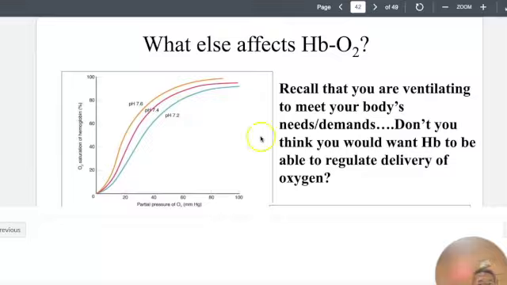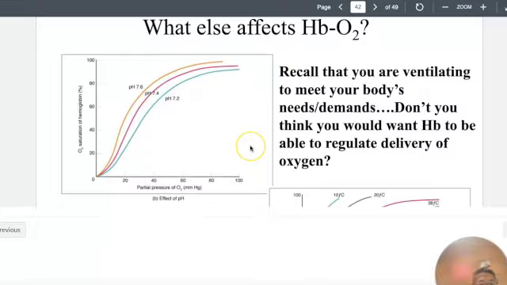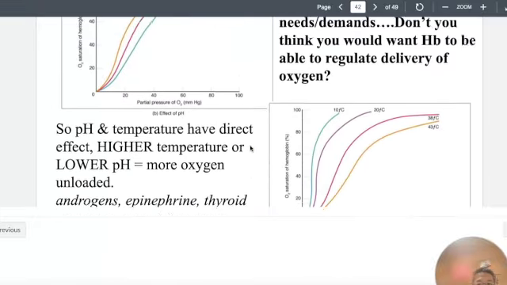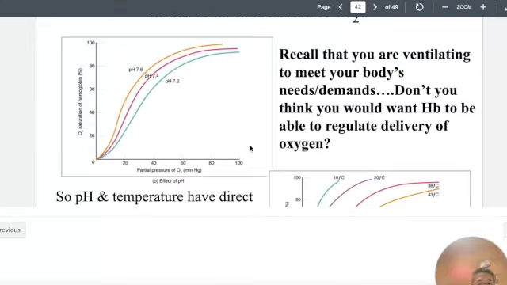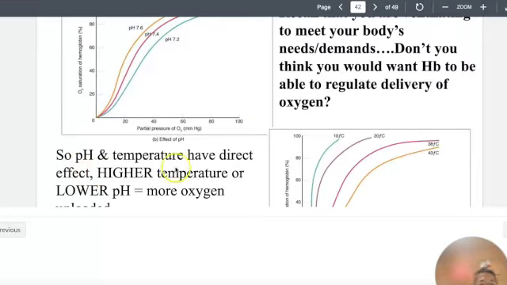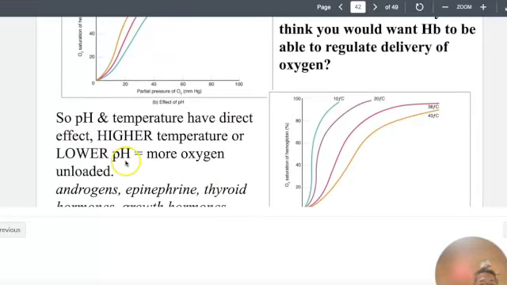What else affects it? A couple of things, I think. Temperature will affect it. pH will affect it. pH and temperature have a direct effect. Higher temperature or lower pH, more oxygen will unload.